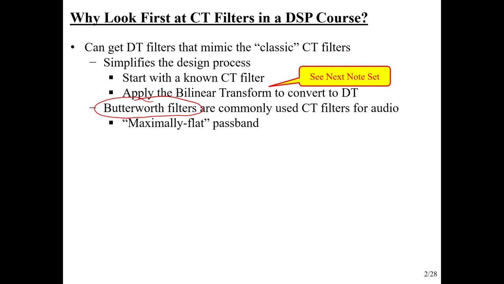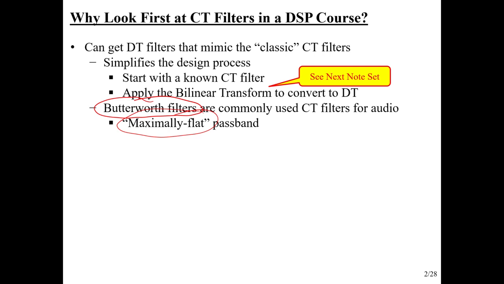They are very commonly used as the continuous time filters in audio because they have this nice characteristic of what's called maximally flat. I'm not going to go into the details of what that actually means, but it just means that the pass band is nice and flat, doesn't have ripples, and it doesn't drop off too fast as it heads out to the cutoff frequency.